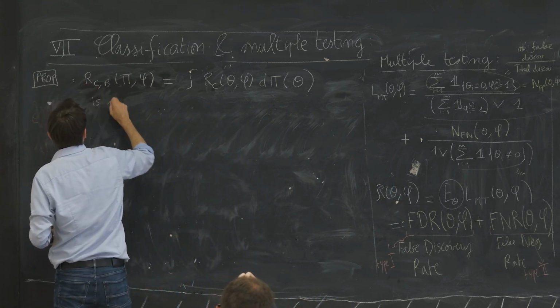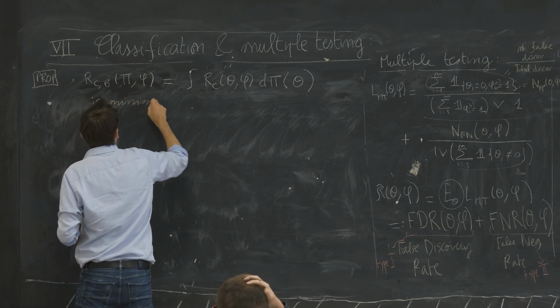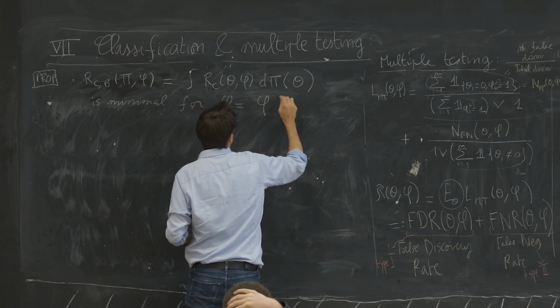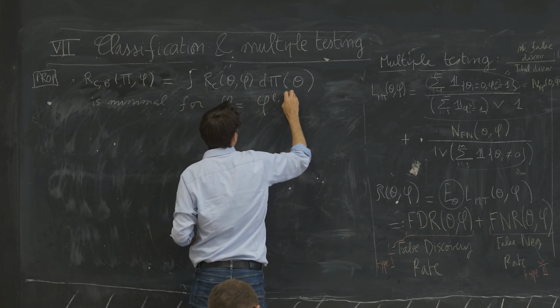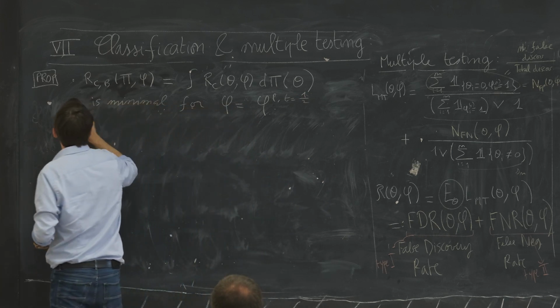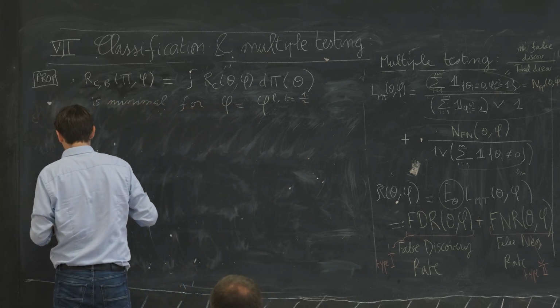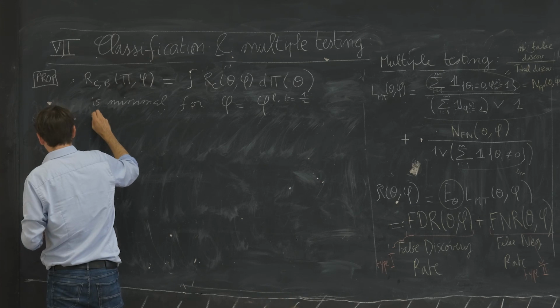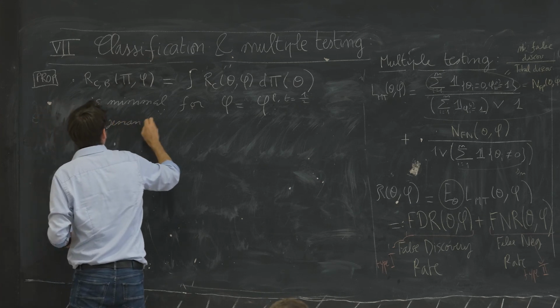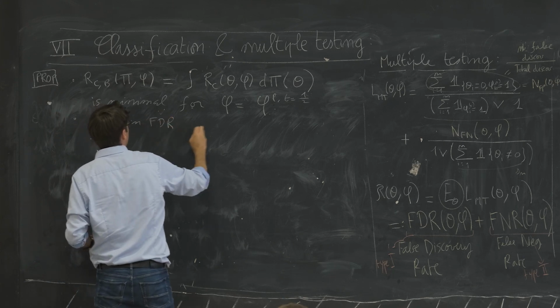So this is minimal for phi equal to the L-value procedure with t equals a half. That's a very classical result. Let's briefly recall it. If I look at the Bayesian FDR, it is in the same flavor.